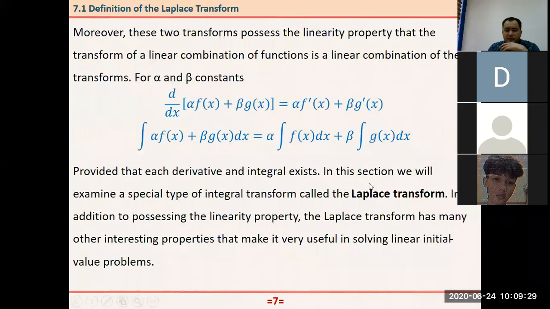Now let's start. Let me just remind you about the linearity of the differential operator and the linearity of the integral operator.